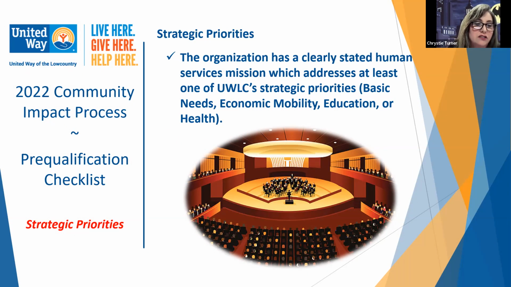We're not the conductor. You guys are up here. Basic needs might be the string group, and economic mobility maybe percussion, and education, you guys might be the horns, but it takes all of us working together to solve these problems. As long as your strategic priorities align with our funding priorities, then you are good to go with our process.